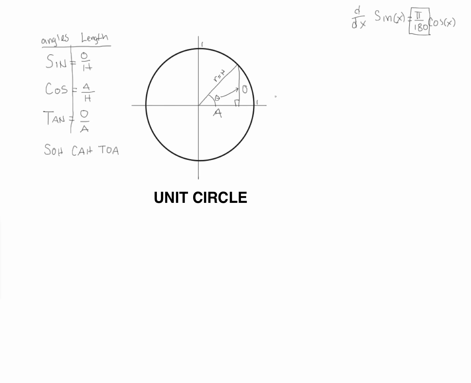If we look at it this way, we can state that the sine of theta equals the opposite over hypotenuse. Now, I said the circle is a unit circle, which means that the hypotenuse is length 1. So in this case, the sine of theta is merely whatever the length of the opposite side is.